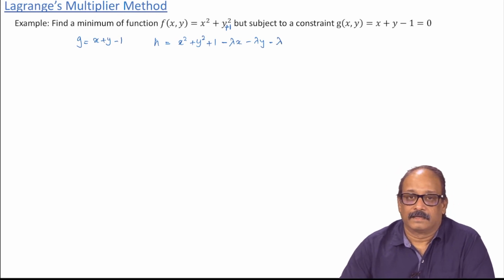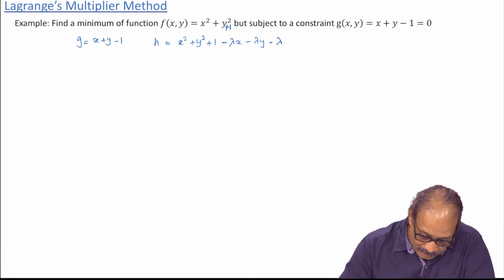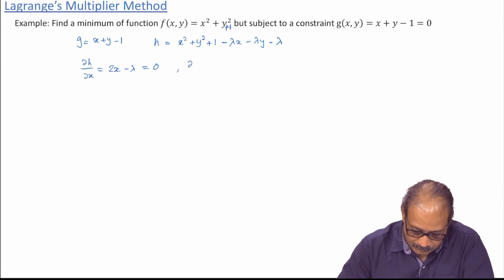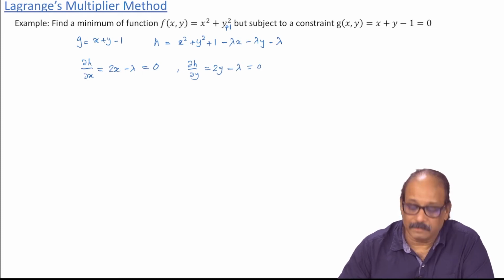Okay. Then the two equations we get are 2x minus lambda, this must be equal to 0, and 2y minus lambda, this must be equal to 0.